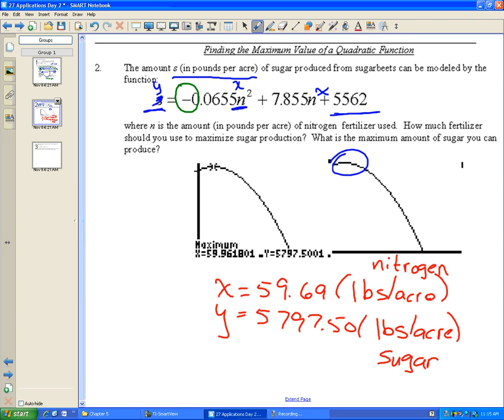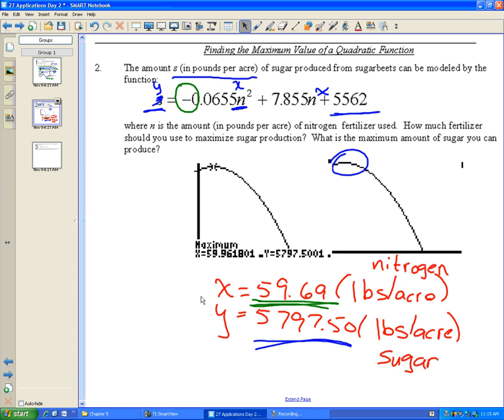So this is the amount of nitrogen I need to use to maximize my sugar. If I use less, I'm not going to get as much sugar as I want. If I use more, I'm not going to get as much sugar as I want. So I need to use 59.96 pounds per acre of nitrogen to maximize my sugar at 5,797.5 pounds per acre of sugar.